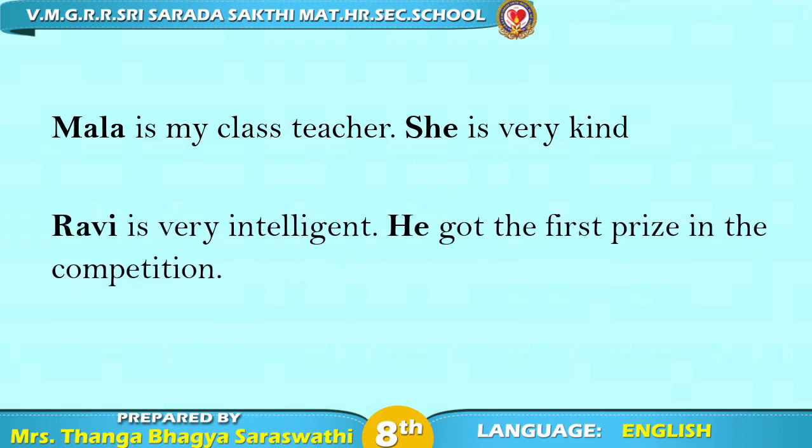Ravi is very intelligent. He got the first prize in the competition. Here which one is the noun? Yes, Ravi is a noun and he is a pronoun which is used in the place of Ravi.